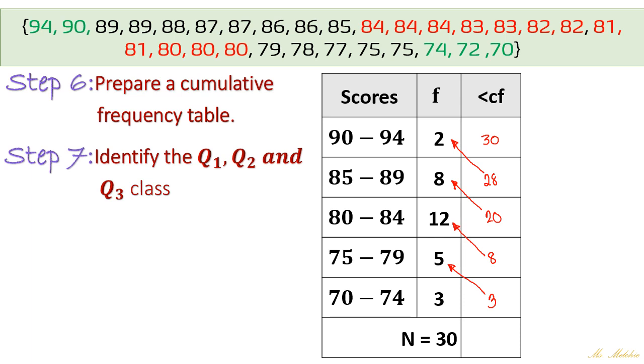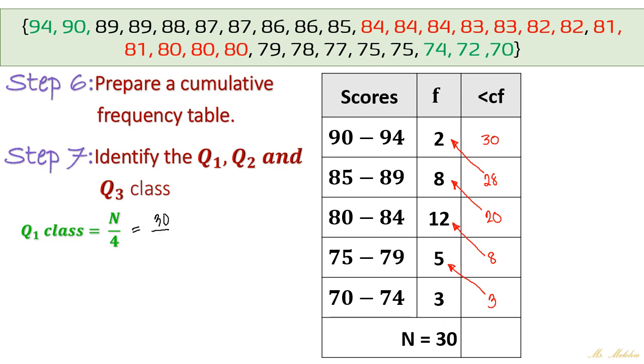Since we are going to solve for Q1 and Q3, you need to be particular about where your Q1 class and Q3 class are. Of course, I'm going to share the formula for all. So how are we going to find the rank or position of our Q1? First we have n over 4. So n is, we have 30.